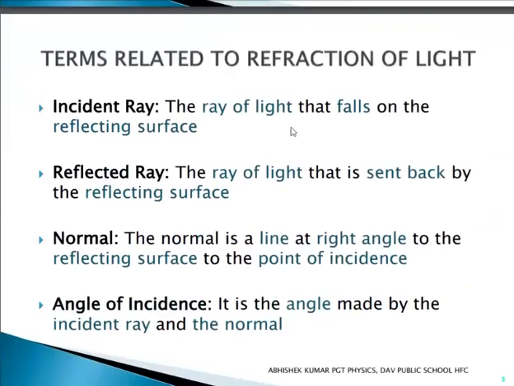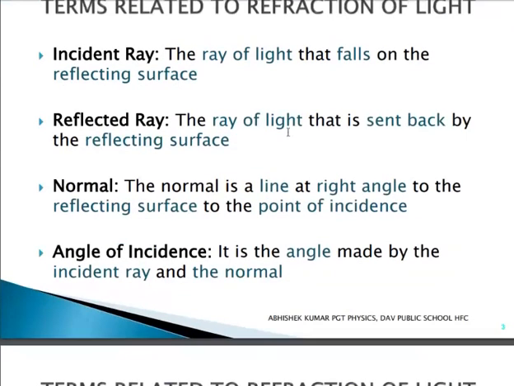Now, in order to learn refraction in a better way, we must learn the essential terms related to refraction of light. The first important term is incident ray.